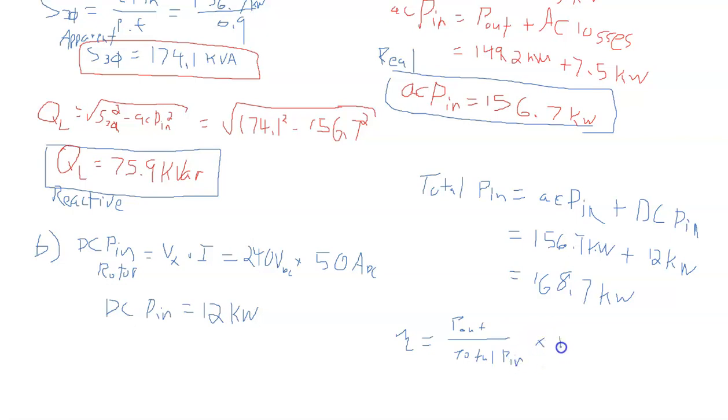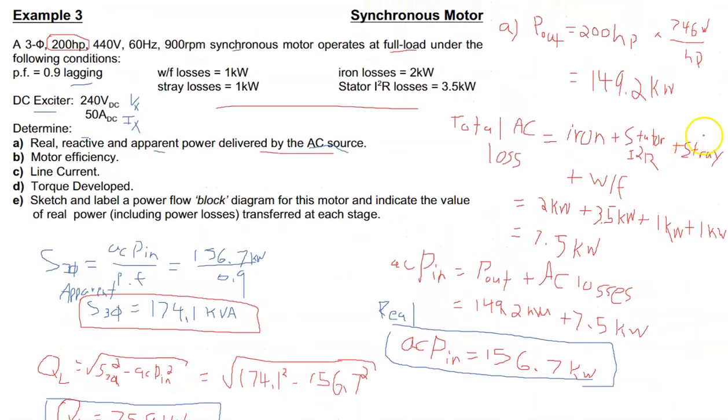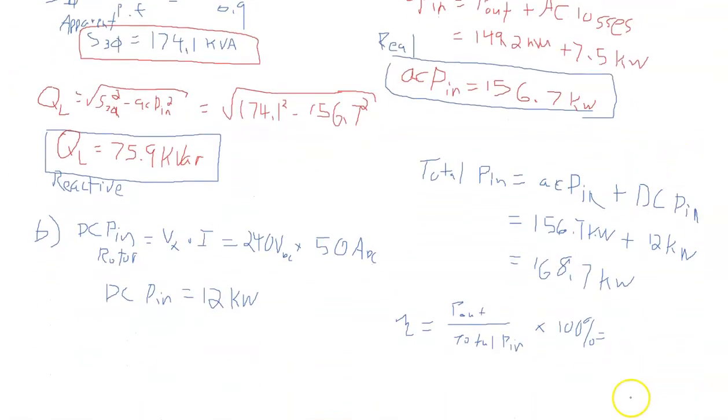And of course times 100%. So we have the power out, remember up here was 149.2 kilowatts divided by 168.7 kilowatts.